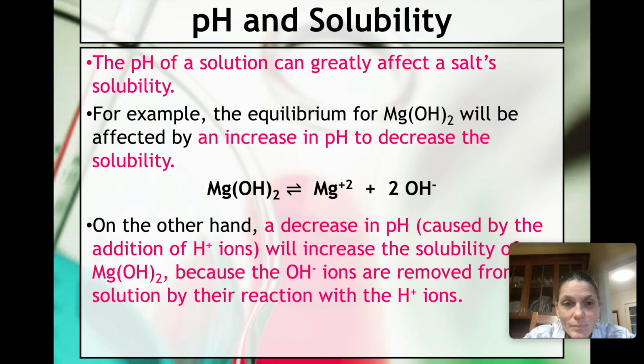So you have to take into consideration the ions being produced in the equilibrium. If there's a hydroxide ion, that is a huge red flag that there's going to be a question about pH, because hydroxide ions are a strong base. And we know from our pH unit that if you can figure out the pOH, you can figure out the pH.